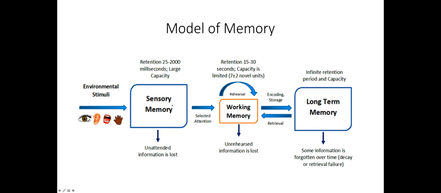And this is a really small capacity. We're talking about milliseconds here. If the information is unattended, if it is not selectively attended to, we absolutely and utterly forget about it. And this goes to show why some people experience different memories of exactly the same event, because if we're not paying attention to the same things, what we see or what we hear, then we're not going to have the same memory for it.